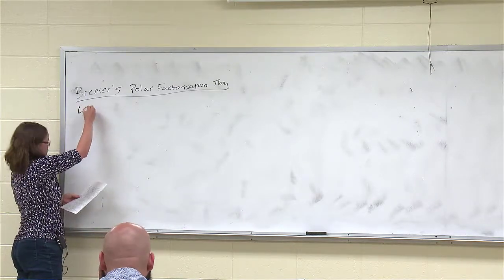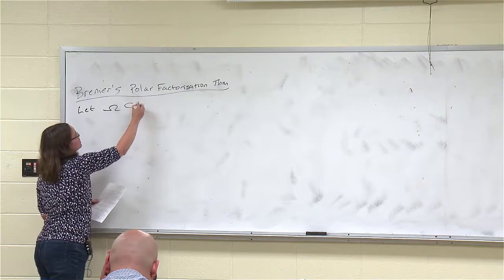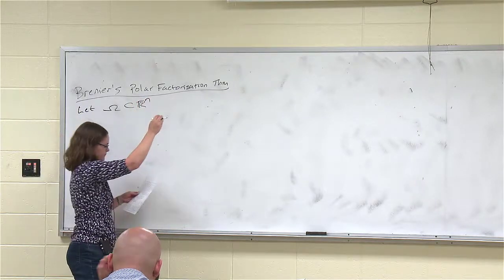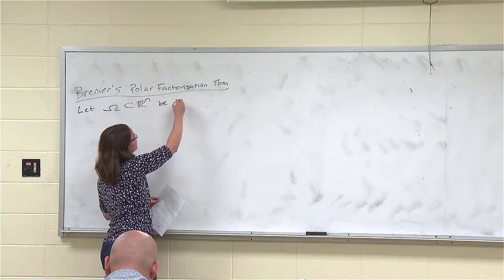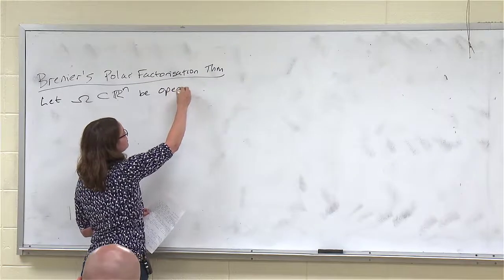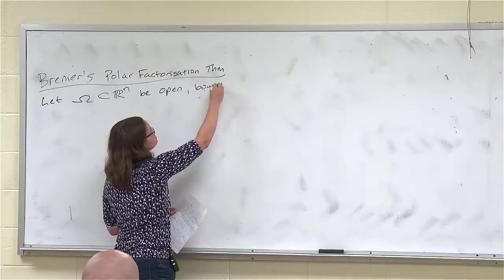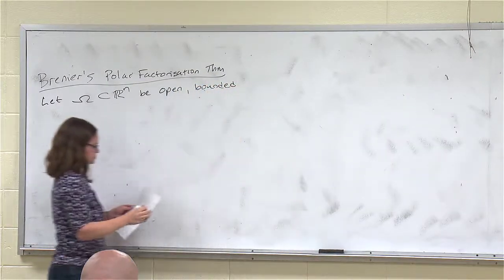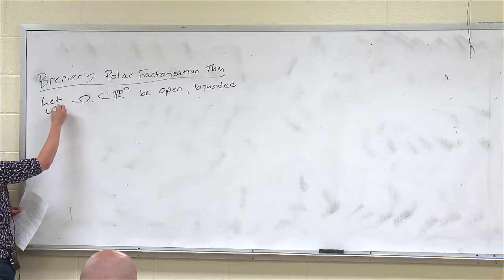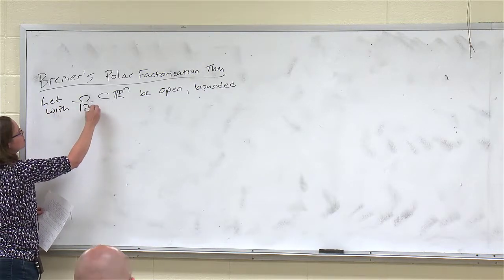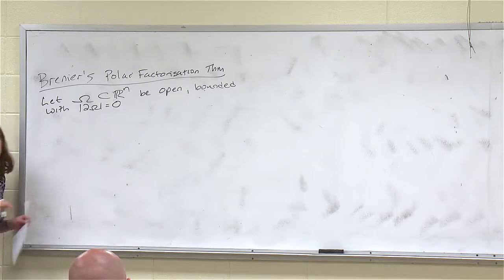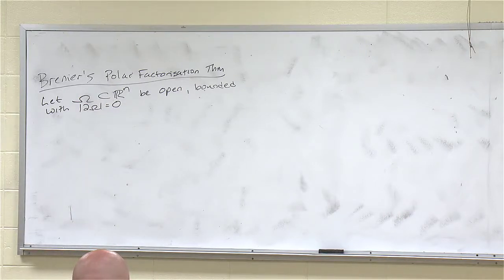Let omega, being a subset of Rn, be open and bounded, all with a non-ridiculous boundary.